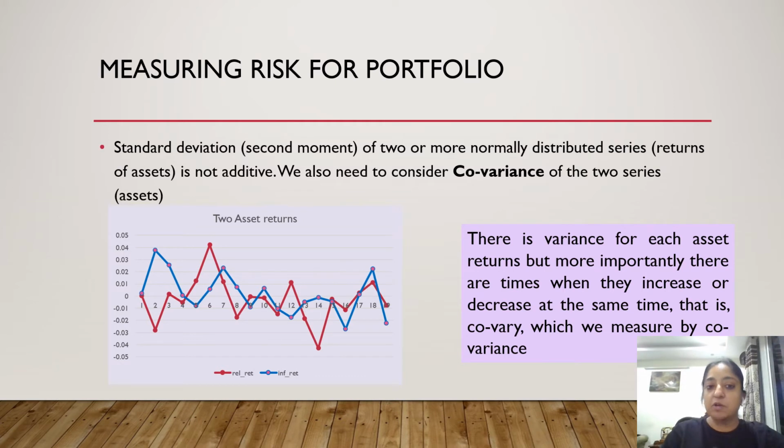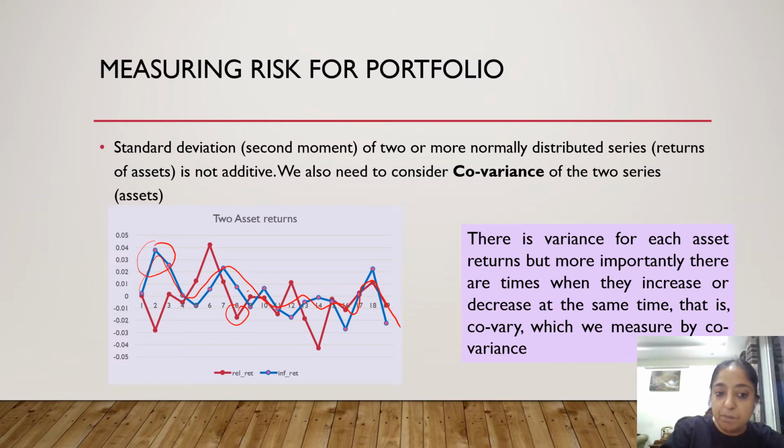When I am talking about the risk for the portfolio, I cannot simply add the standard deviations, because when I say risk of a series, because this is a second moment, it depends upon the average. Okay, so here average is different. For this series, average is different.